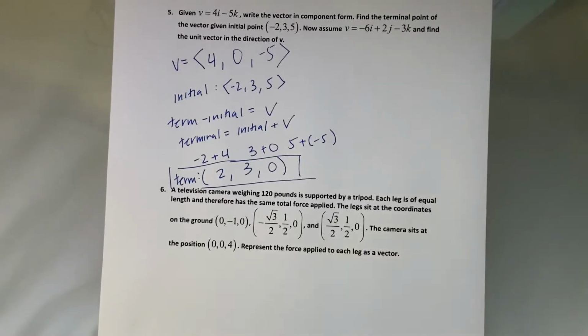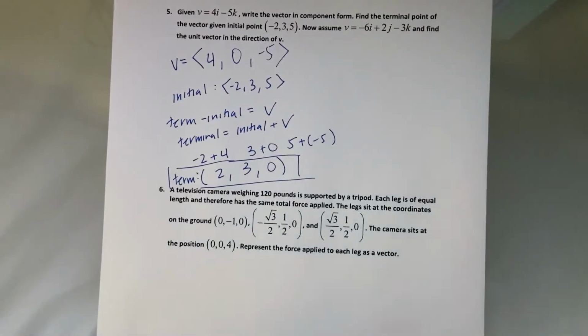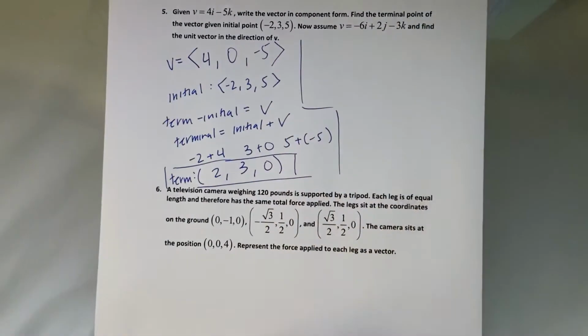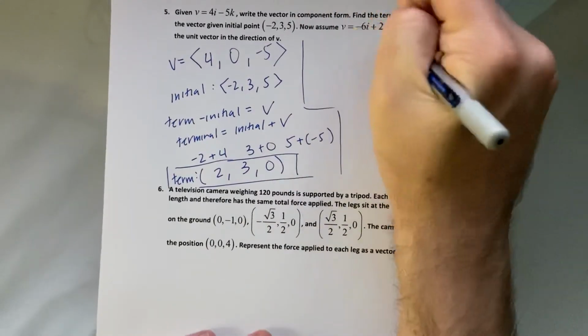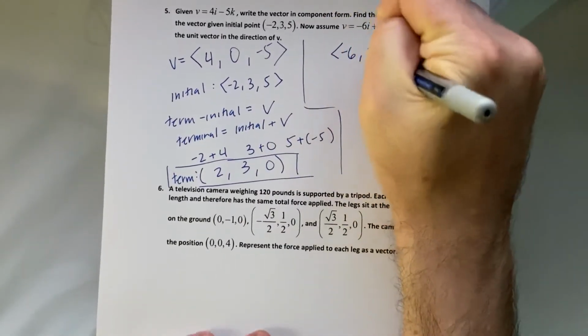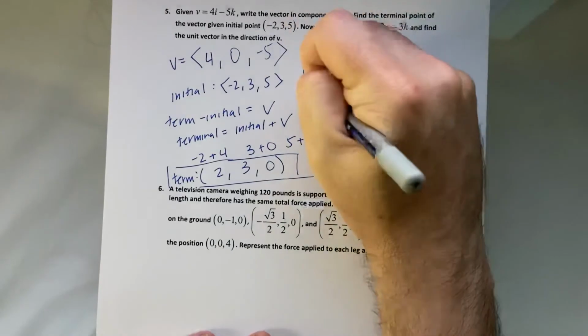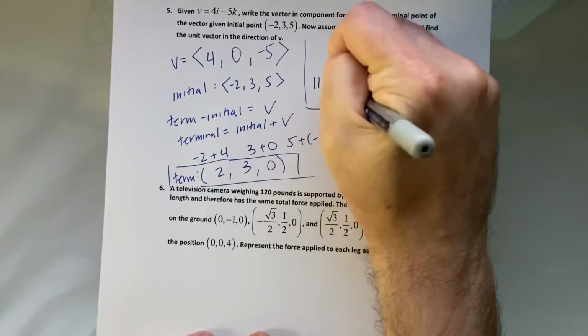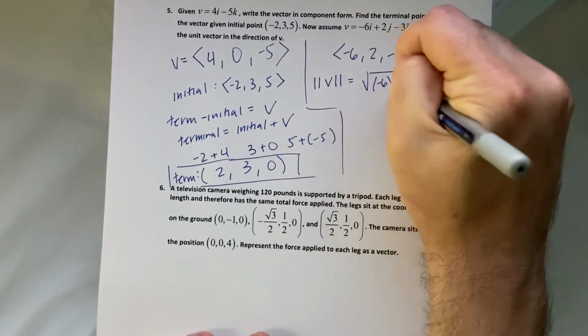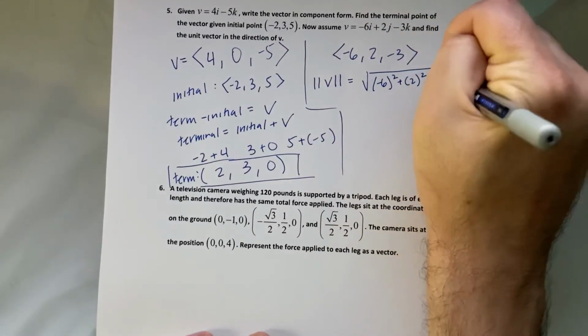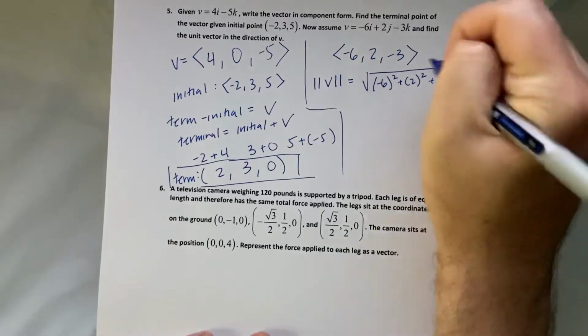Now it says assume you have a different vector, negative 6i plus 2j minus 3k. Find the unit vector in the direction of v. So unit vector again is, I have my negative 6, 2, negative 3, but I need my length. It's the square root of negative 6 squared plus 2 squared plus negative 3 squared.